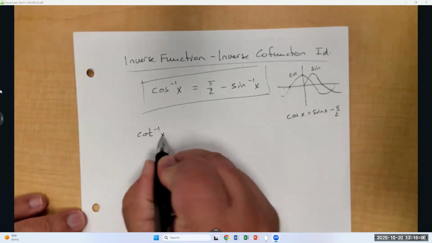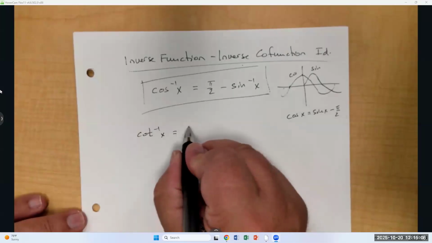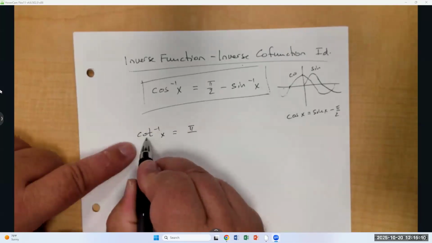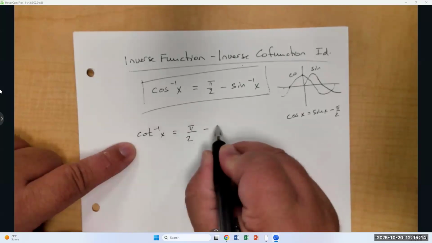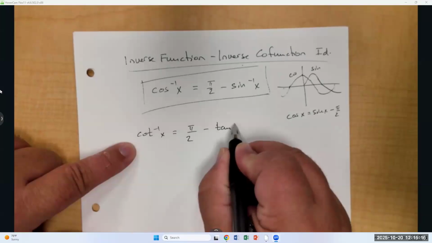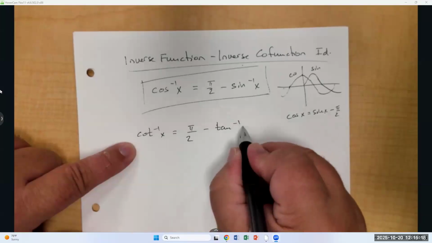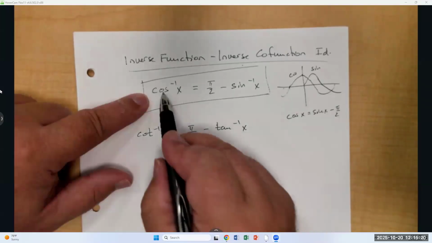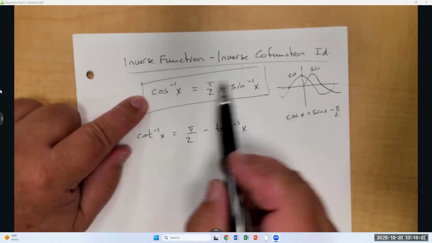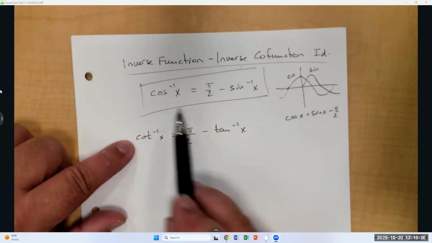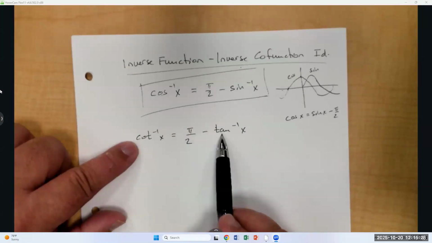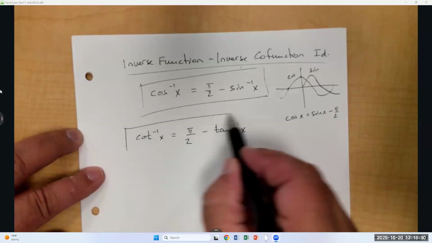The inverse cotangent is pi over 2 minus inverse tangent, as with sine and cosine. So the opposite of cotangent is tangent. So here's the cofunction.